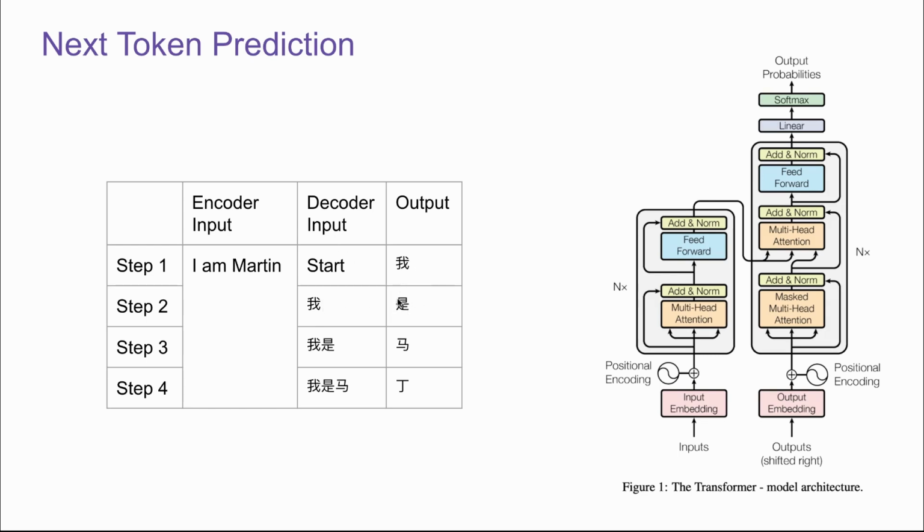And then we get the next token, which is the Chinese for am. And then we get a new sentence, which is 我是, and then send it to decoder input. And then it outputs the next token again, which is MAR in Martin. We combine everything and send it to decoder input, and at last it outputs TIN in Martin. This is a typical inference for next token prediction.